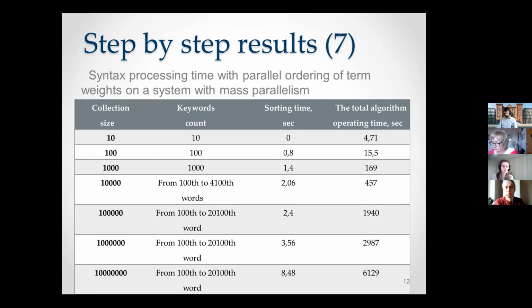The results of keyword selection for different collection sizes with parallel sorting of IDF values based on the least significant digit algorithm, radix sort, are currently shown in the table. The implementation was deployed on a system with mass parallelism.